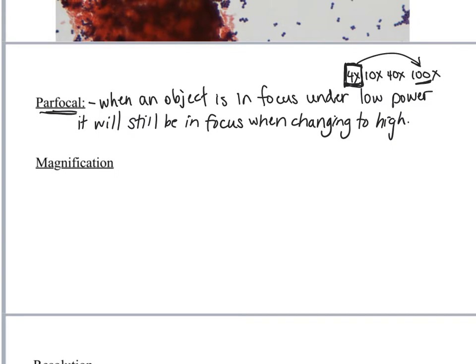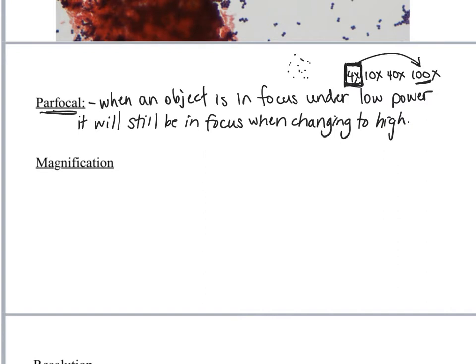They know sort of exactly where they have to put it, but our best strategy is to find our cells first under low power. And it's not going to look like much under low power. You couldn't even see a single cell, they're too small. Hopefully you'll see some little dots that are stained a little bit. That's what you're going to want to focus on under low power.